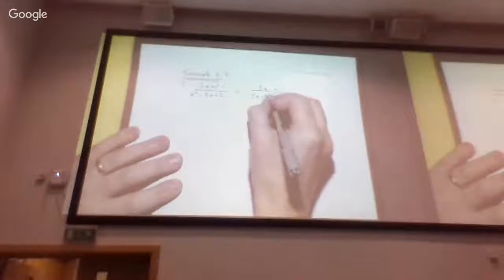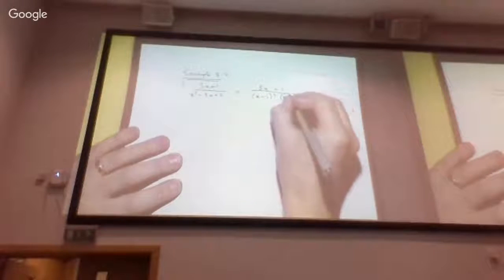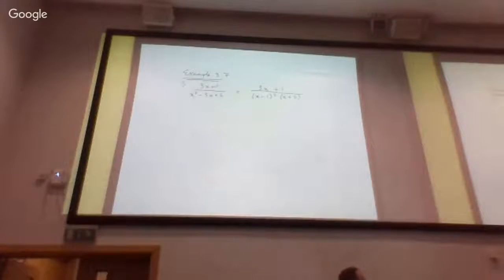We can spot that that factorizes into (x minus 1) squared times (x plus 2). Now these examples have been chosen so that the roots of the polynomials aren't that hard to find and they're relatively easy to handle. So here you can see the denominator polynomial is factorized fully down into linear factors: x minus 1 with a multiplicity of 2, to the power of 2, and a factor x plus 2.